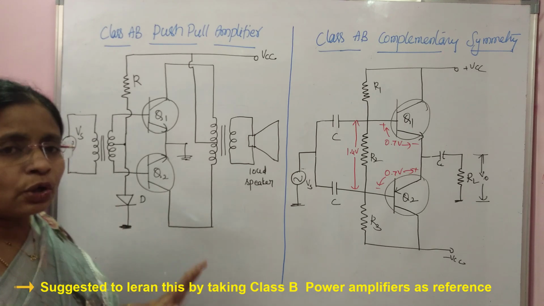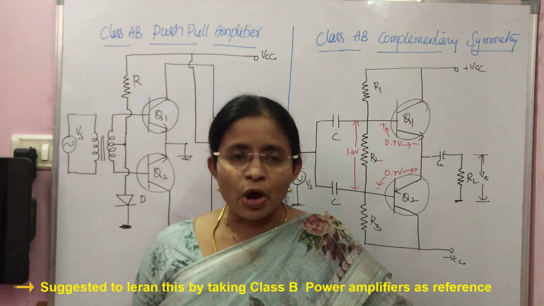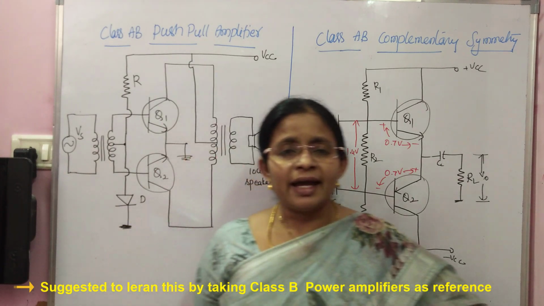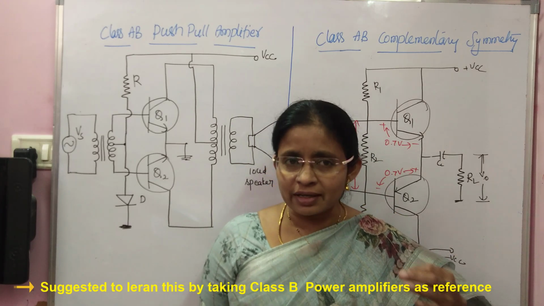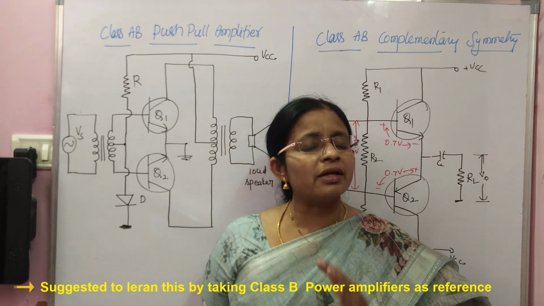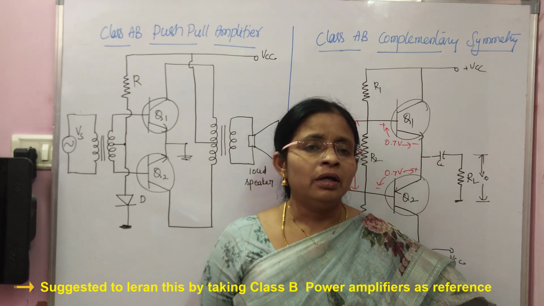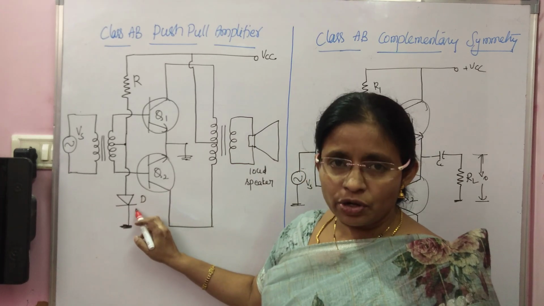What I told you is that if you maintain an extra 0.6 or 0.7 volts at the bases of the transistors, then automatically the transistors will conduct with that 0.7 volts. Then you can send the input signal as it is to the output without any distortion. Now see, what about diode D?